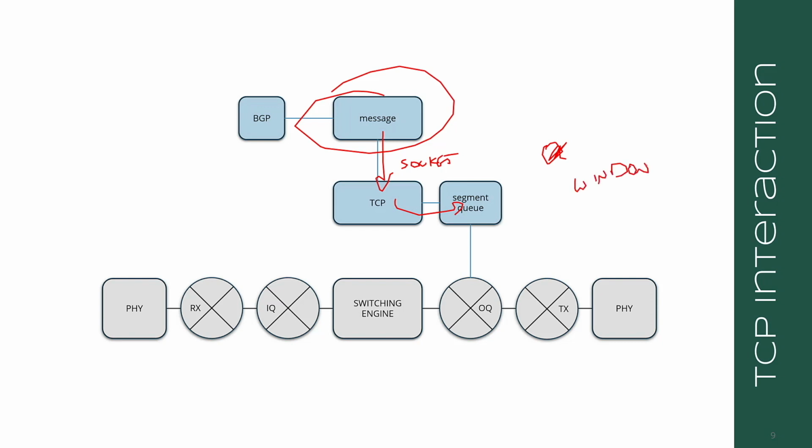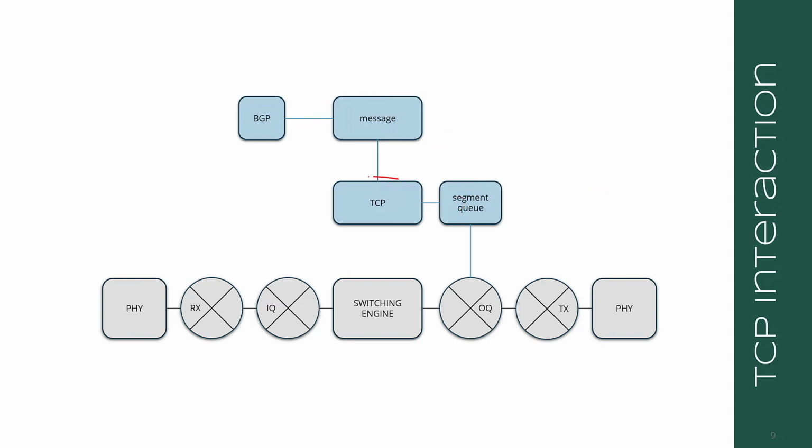Because what I don't want to do is send a bunch of short segments. I want to be using my TCP windowing to make my TCP connection and streaming as efficient as I possibly can. So I'm going to wait till the window closes, or I'm going to wait until my timer fires and says, okay, this has been laying around long enough. Now, the problem with this for BGP is that it slows down convergence.